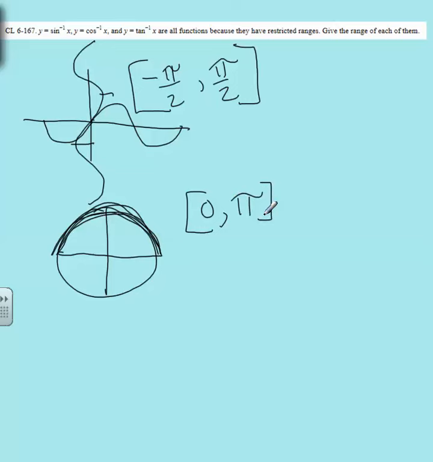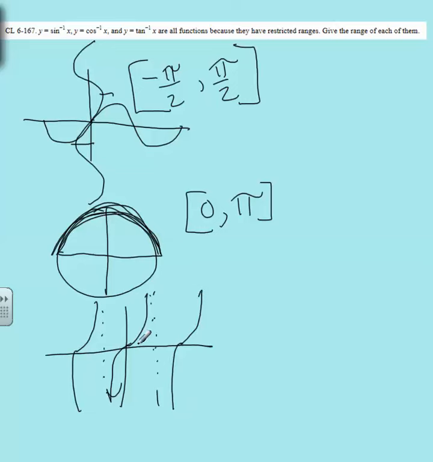And for tangent, we'll go back to the sketch of tangent. Tangent has asymptotes at every pi over 2. And we have to restrict this to only one of these curves to make it a function.